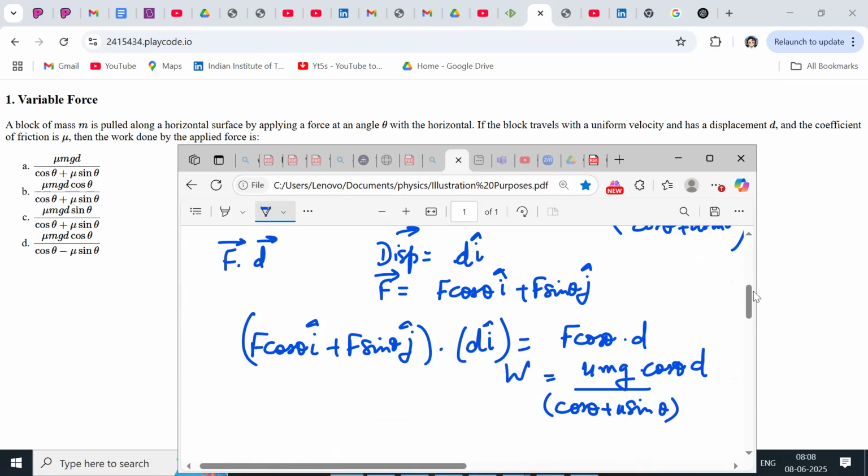And this is the work done. And this is given to us in option B. And hence, we found the answer to be option B.